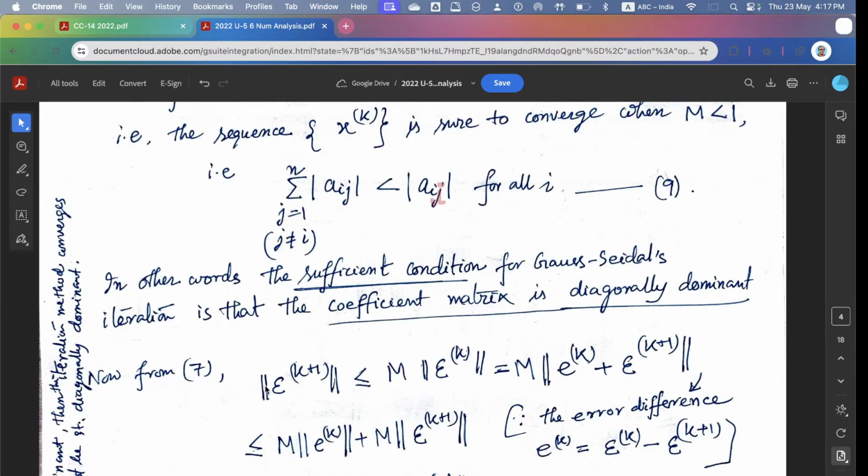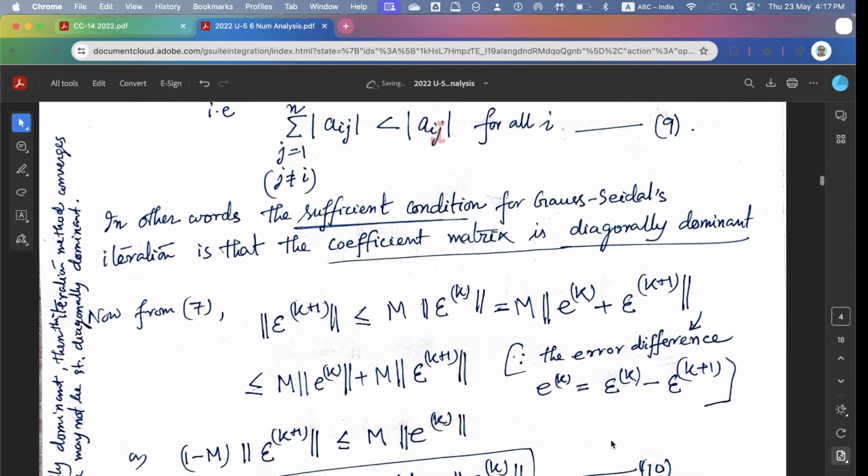Now from 7, the norm of epsilon k plus 1 is less than or equal to m times the norm of epsilon k. So this equals m times the norm of epsilon k plus ek, the error difference, with ek being the difference between epsilon k plus 1 and epsilon k.